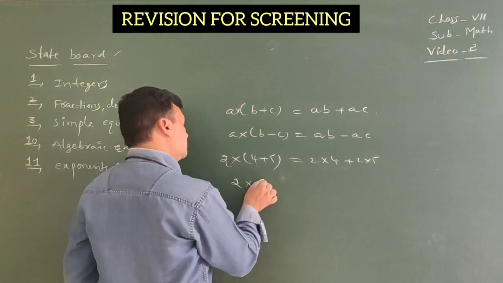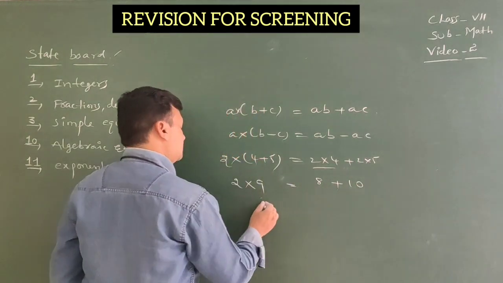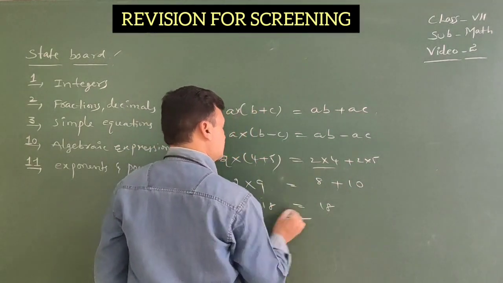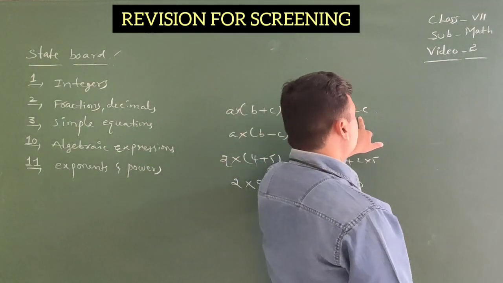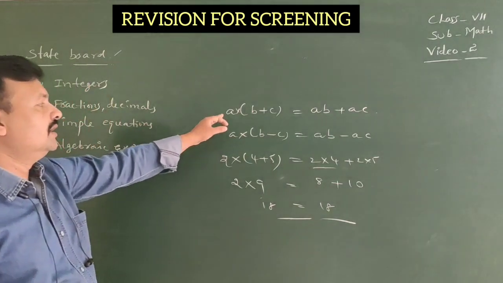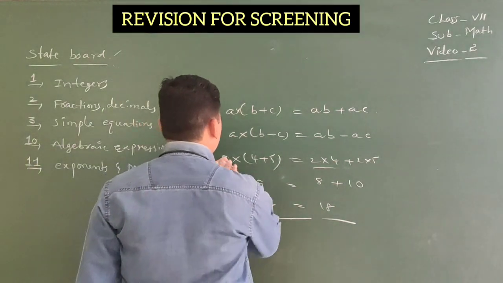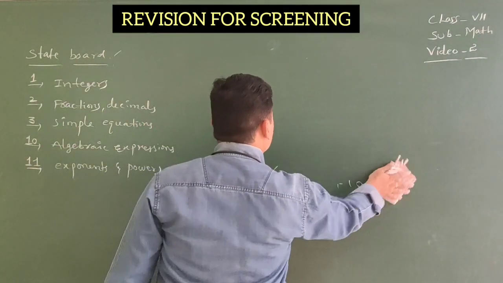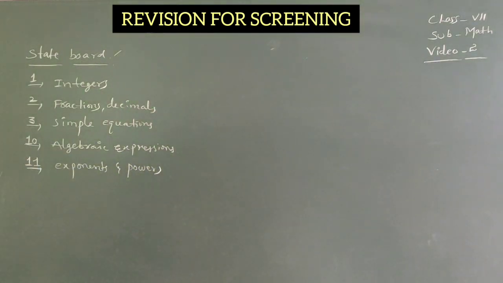Here 2 into 9 is 18. Here 2 times 4 is 8, 2 times 5 is 10, and 8 plus 10 is 18. In this way you can verify the given result. You can use it both ways. Sometimes they give the AB plus AC form; at that time you need to take A as common. Sometimes they give the A(B plus C) form; at that time write AB plus AC. They will ask both ways. Okay, these are integers.